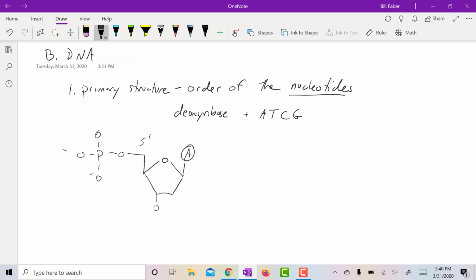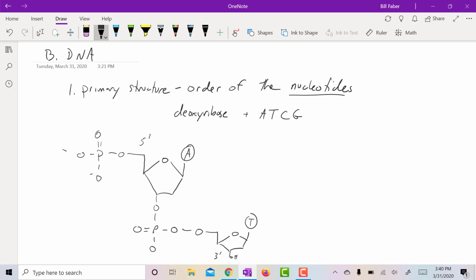And then we don't have an oxygen on this 2' here, and then this is the 3', and we would have another phosphate. And we would have then another, and I'm running out of room, let's put a T here. And then I'll put an OH here. This is the 3'. And we just keep going. I put an OH here. This is just 2 nucleotides, but I'd keep going.